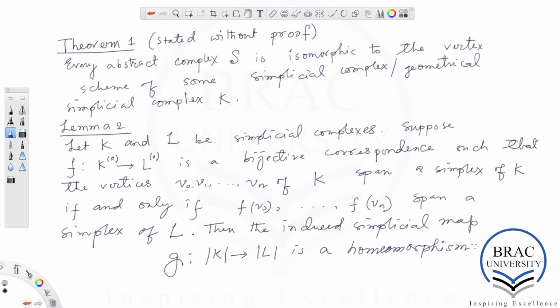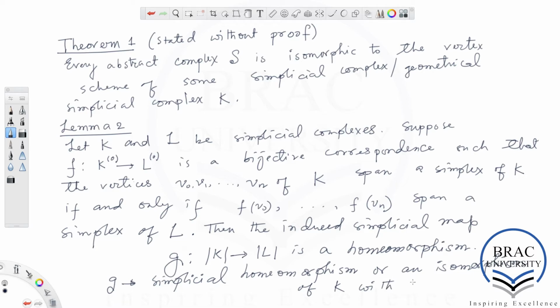And this map G is called a simplicial homeomorphism, or an isomorphism from K to L, or isomorphism of K with L.